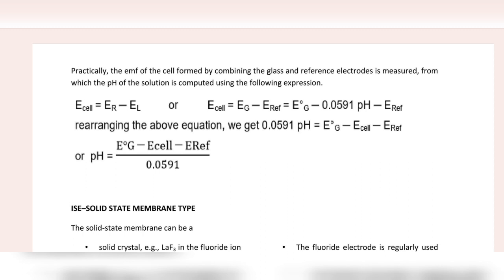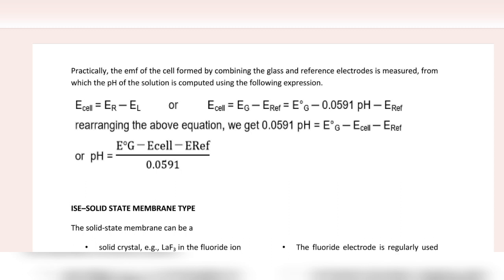So E cell = E0 glass minus 0.0591 pH, then minus E reference. By rearranging the above equation, we get the equation for pH: 0.0591 pH is equal to E0 glass minus E cell minus E reference, and again pH is equal to E0 glass minus E cell minus E reference, divided by 0.0591.